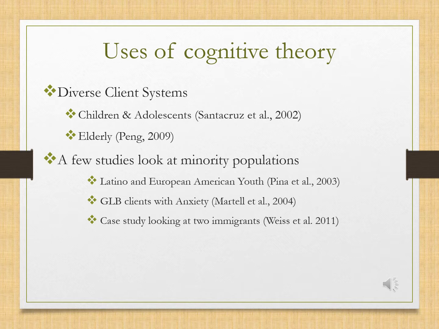Another study looking at the effectiveness of cognitive behavioral therapy for anxiety disorders among gay, lesbian, and bisexual clients found that it was effective. And then another study looked at case studies of two immigrants, one from China, one from Central America, and found that cognitive behavioral therapy was effective in those cases as well.